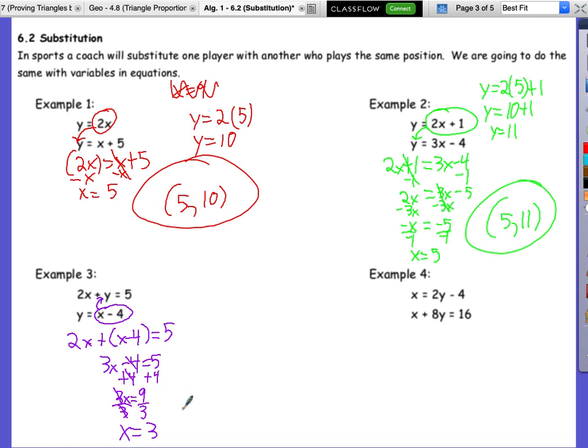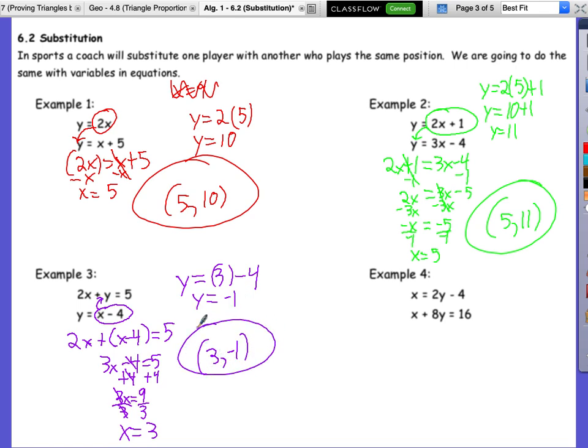Y is already by itself. If we're finding y, and one equation has y by itself, that might be an easier route. You could do it with the top one, but this will just be a few less steps. So we'll have y is equal to 3 minus 4. And 3 minus 4 is? Negative 1. So our answer is 3, negative 1.